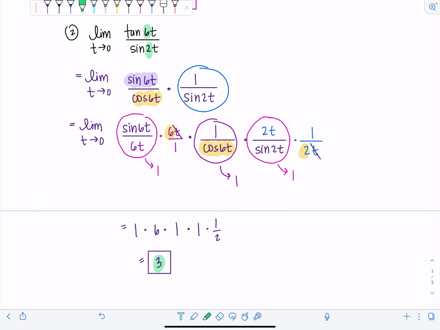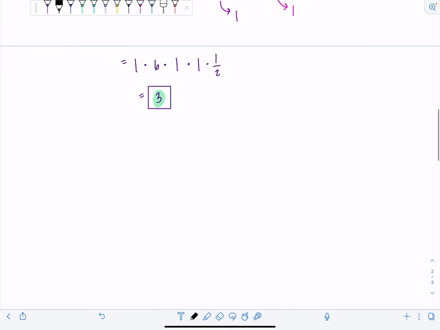Good. Let's look at some more examples. We've got here, number 3, the limit as x approaches 0 of sine of 3x over 5x cubed minus 4x.